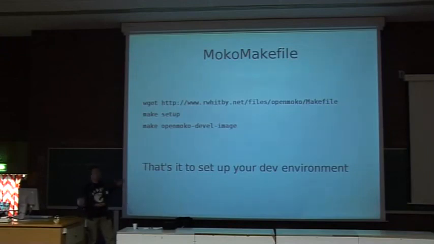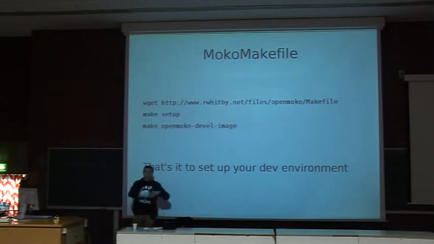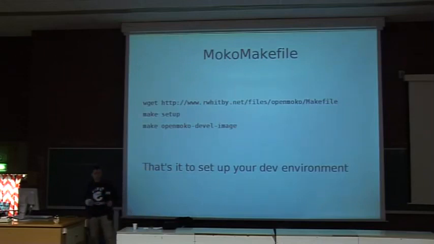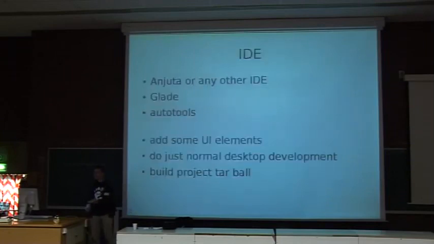It is perfectly well maintained. Afterwards you run make openmoko-development-image, which gets the whole image compiled for you, ready for flashing onto the device. And you have nothing to do. It's absolutely no-brainer. That's the important thing to say. Just 3 steps, and you can go.